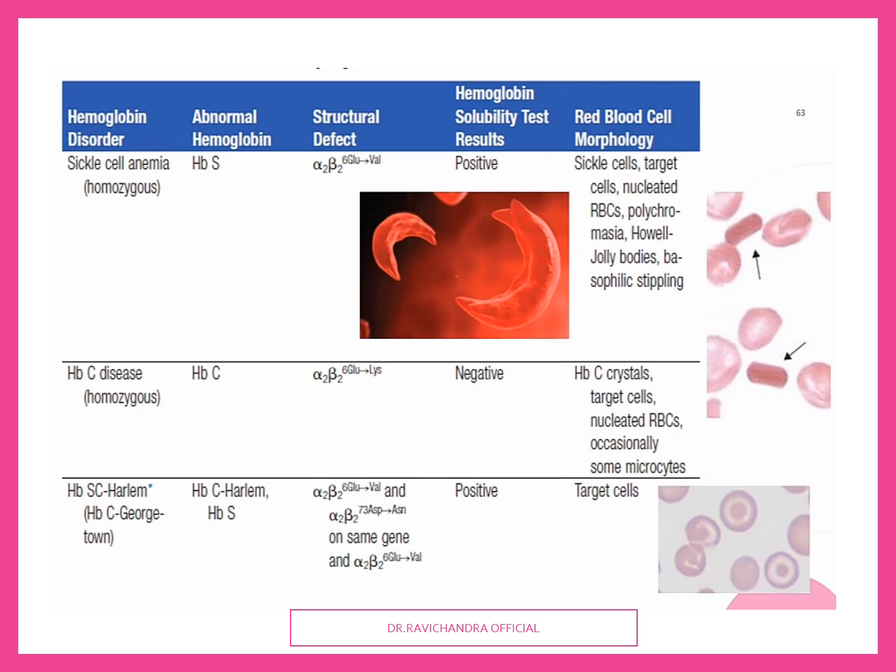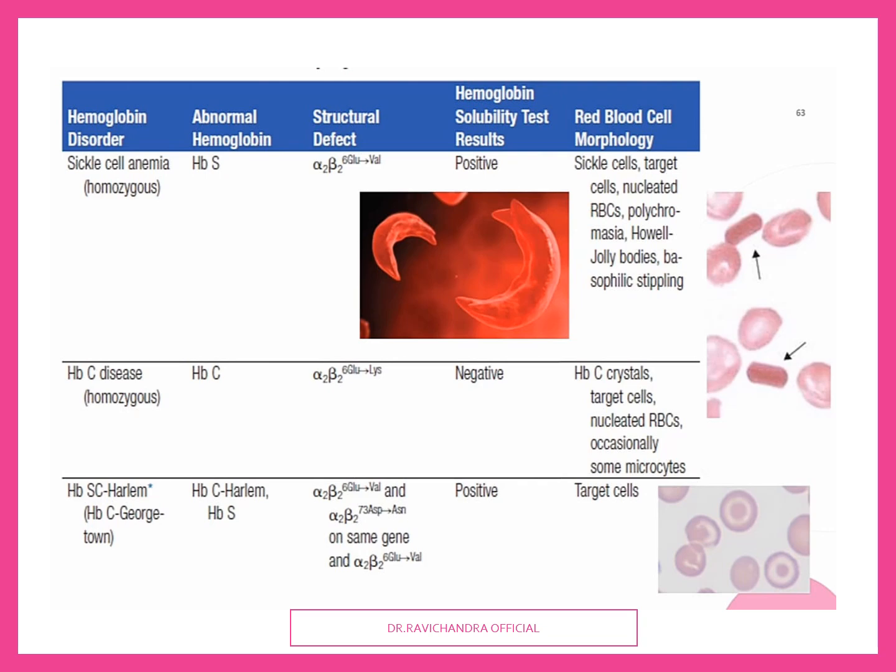Sickle cell anemia, because of a homozygous condition, has abnormal hemoglobin, hemoglobin S, and the hemoglobin solubility test shows positivity. The red blood cell morphology shows sickle cells, target cells, nucleated RBCs, polychromasia, Howell-Jolly bodies, and basophilic stippling. Hemoglobin C disease, which is a homozygous condition, is because of abnormal hemoglobin C and is negative for the hemoglobin solubility test.